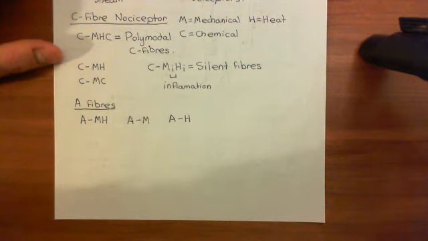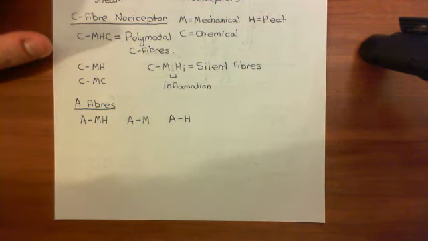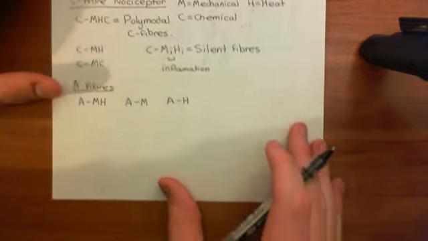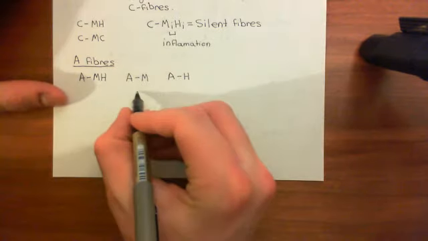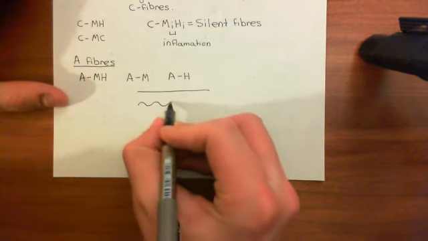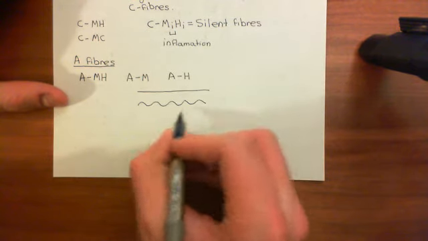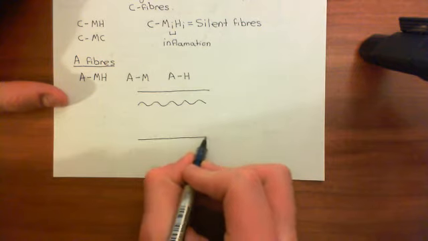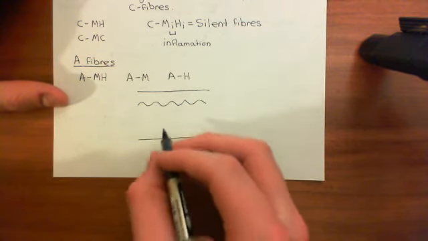Okay, right. So, the next thing I want to talk about is the fact that A fiber nociceptors are generally much more localized with regards to which portions of skin they innervate. Let me just draw you a little picture to illustrate this. If we have our skin here, let's say this is the epidermis here, and this is the dermis, and we won't draw the lower down levels.